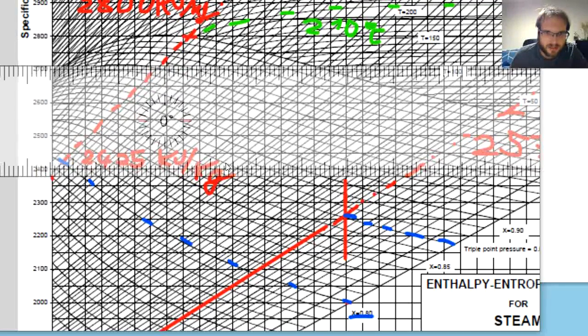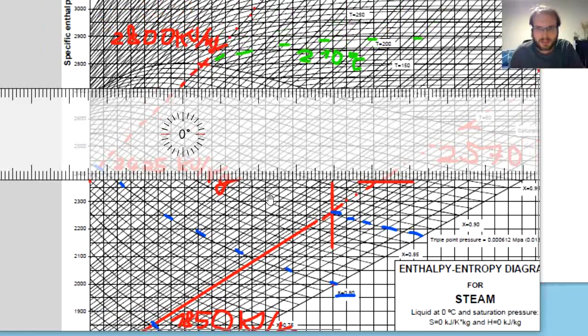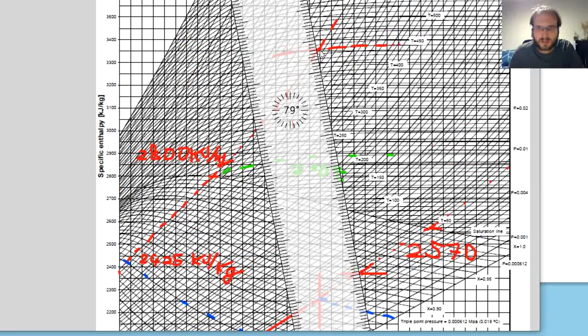So let's take our ruler, and our point of the outlet, of the expansion outlet, will be the intersection of the isobar of 7 kilopascals and this enthalpy. So we can actually draw the expansion line. The expansion line will look like this.